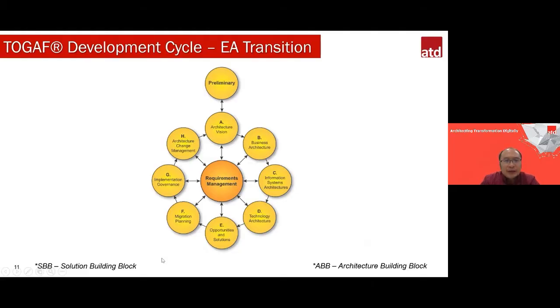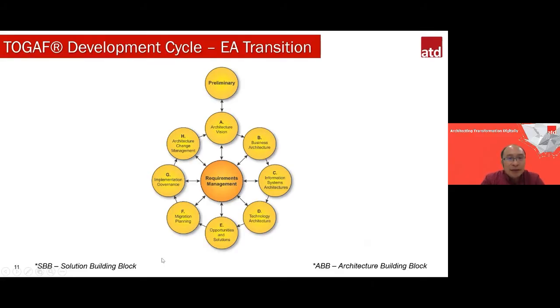Enterprise architecture and digital transformation are not a project, they are a life journey. That's why the symbol is like a wheel, right? From A to B to C to D to E to F to G to H, and it's rotating, right? It's moving, it's a live, moving wheel.